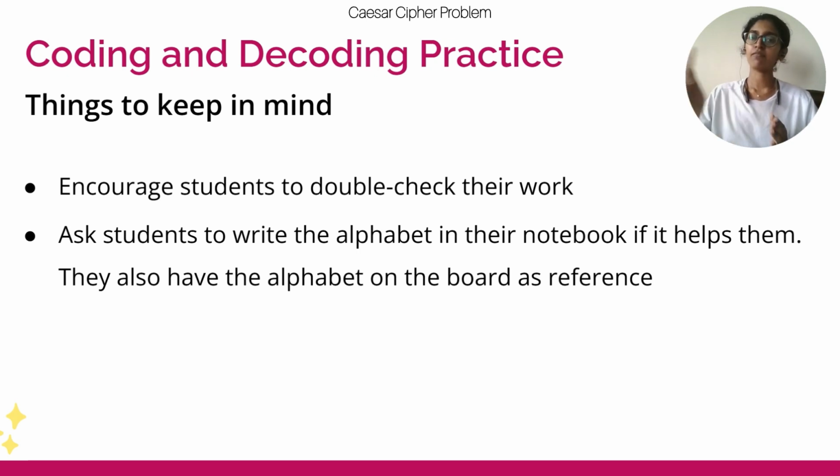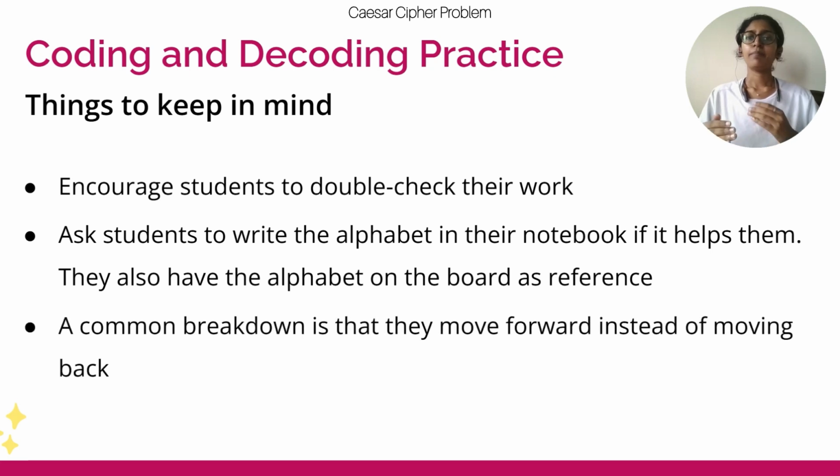Now for their reference, we have already put it on the board. In case having it in the notebook is really helpful, ask them to do it. And a breakdown is that, as I shared before, they will keep on moving forward instead of moving back. Tell them that coding means going forward and decoding means going backward.